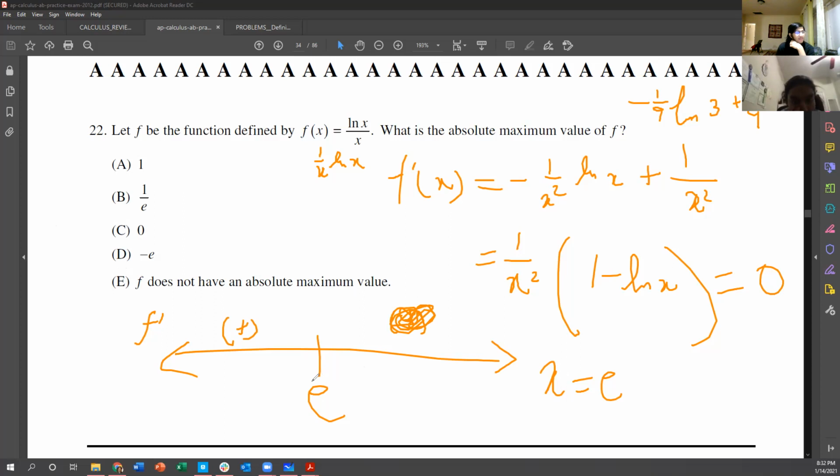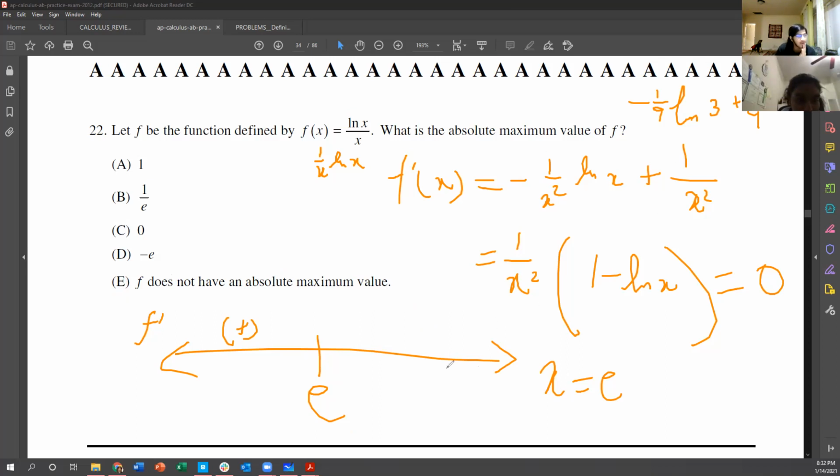What I'm saying is, e could be a critical value, and if this is negative and it goes positive... wait, never mind. Forget about that. I thought it was asking for the x value, not for the maximum value itself.